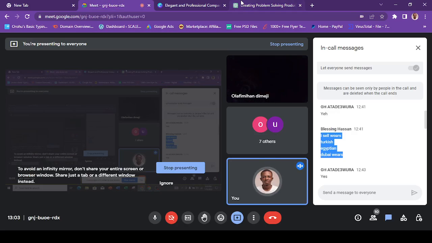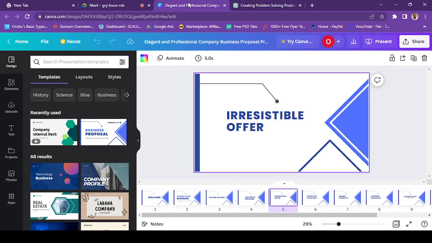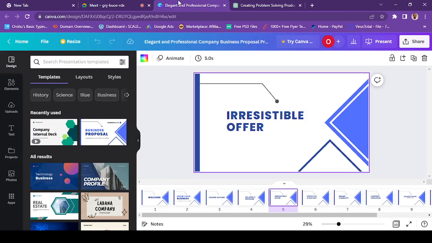I would want you to understand that until you're able to know the very problem, you will not be able to create an irresistible offer. An irresistible offer is that very benefit or specific action that you are promoting to your audience that will trigger them into taking an action. Once it comes to them, it becomes so irresistible that they can't hold back.